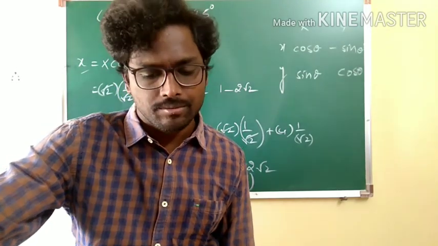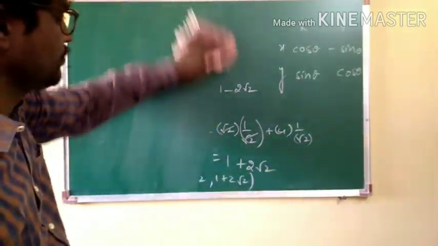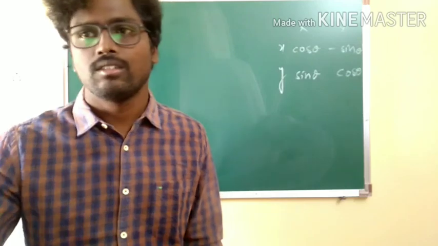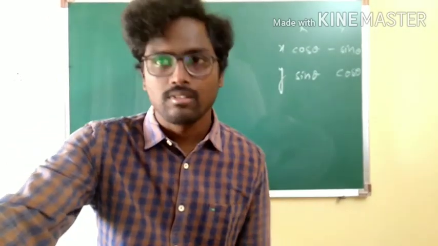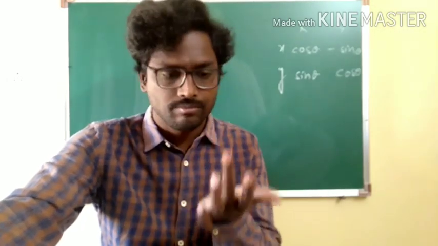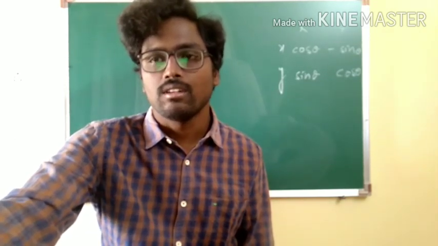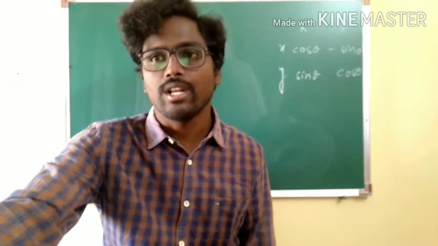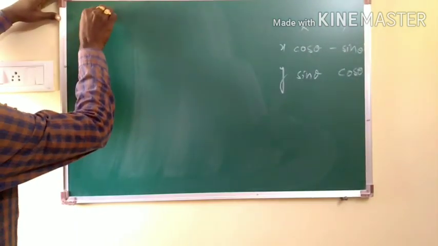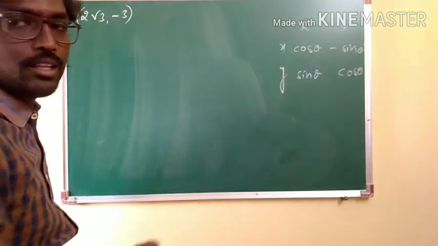If the axes are rotated through an angle theta equal to 30 degrees, what are the coordinates of 2 root 3 comma minus 3 in the new system?